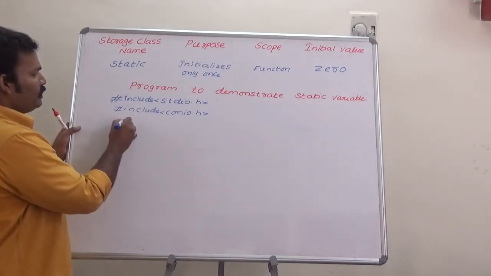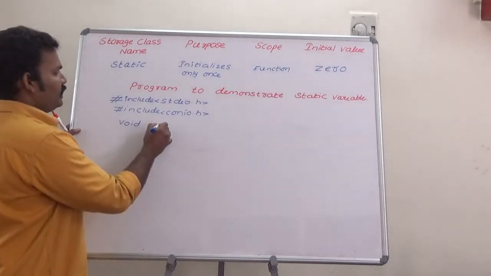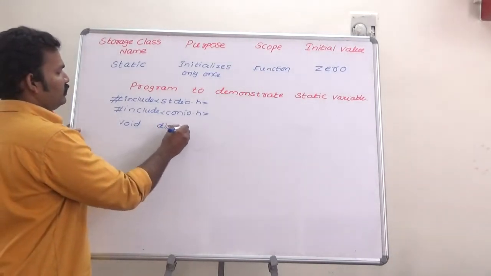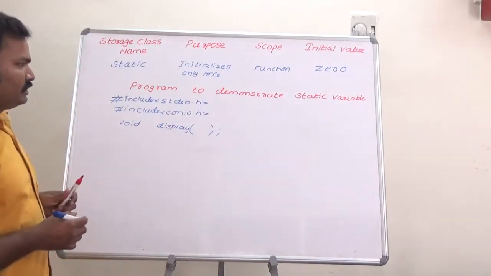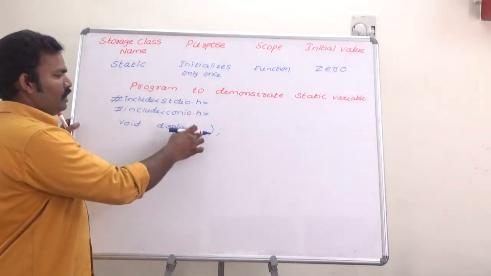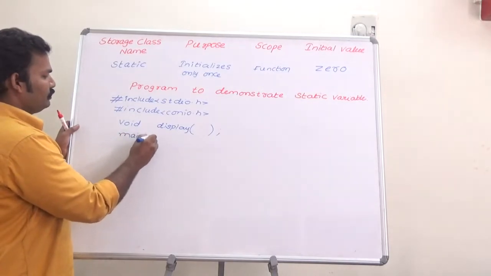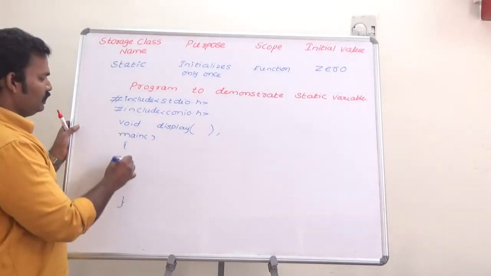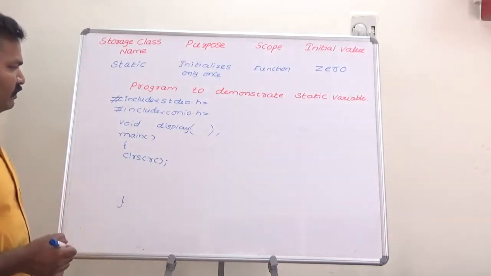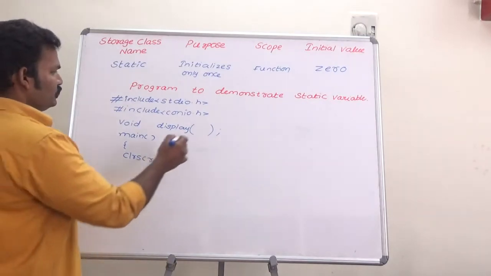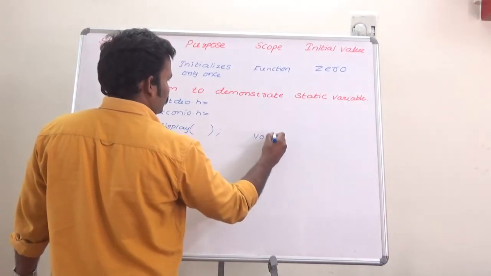Next, I am declaring one function with return type void and function name display. With empty parenthesis, it is a function with no arguments and no return value. Next, the main function. In the main function, I am writing the clrscr function to clear the output screen. So this is the function declaration. Next, the function definition.